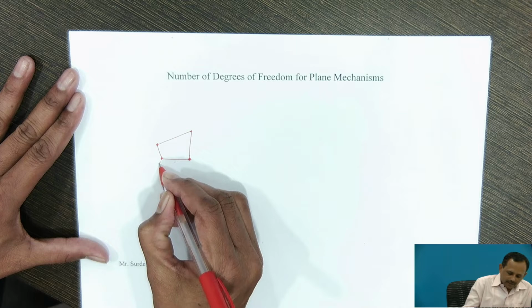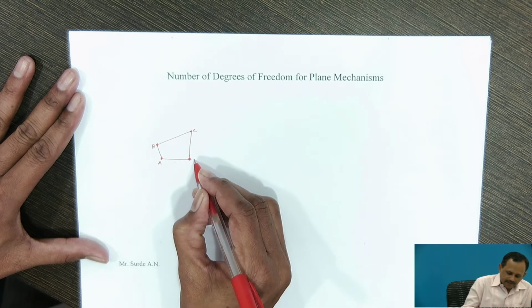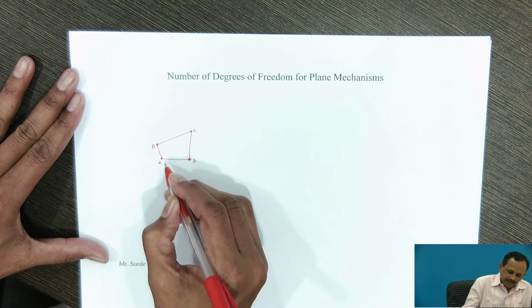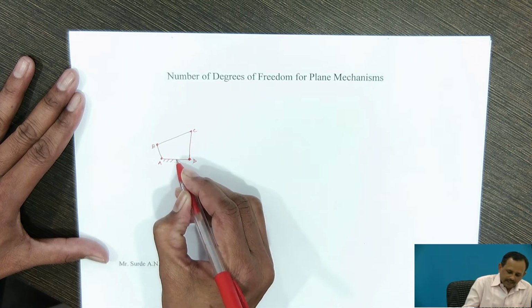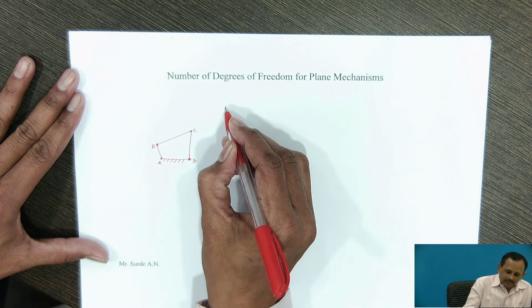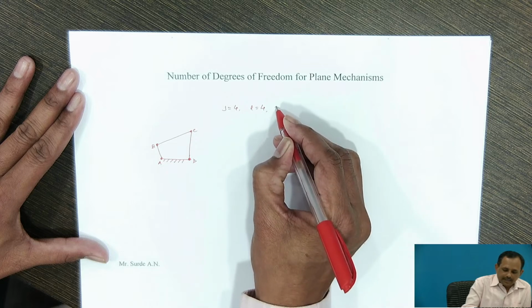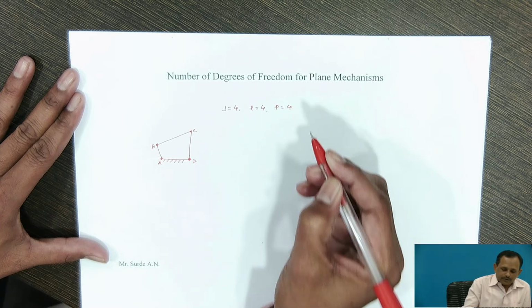The links are connected at A, B, C, D, and link AD is kept fixed. Here, the number of joints is 4, the number of links is 4, and the number of pairs is 4.